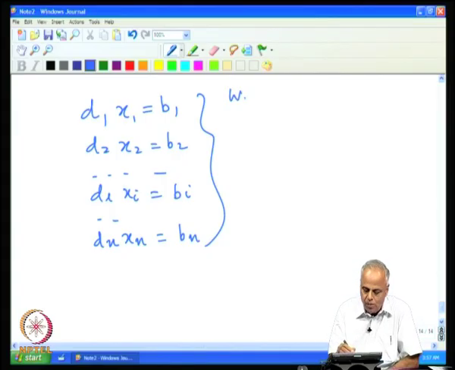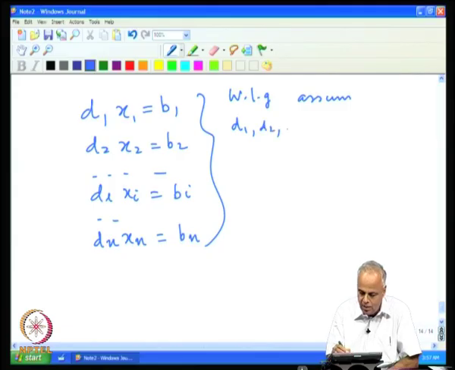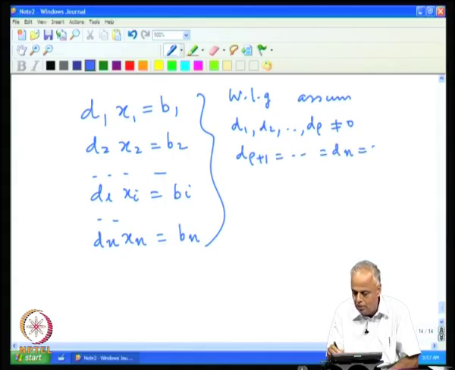Without loss of generality, assume the first rho of the d's are not 0 and the remaining d's are all 0. In that case, at least we get from the first equation x1 equal to b1 by d1 and so on, and the rhoth equation gives x rho equal to b rho by d rho.